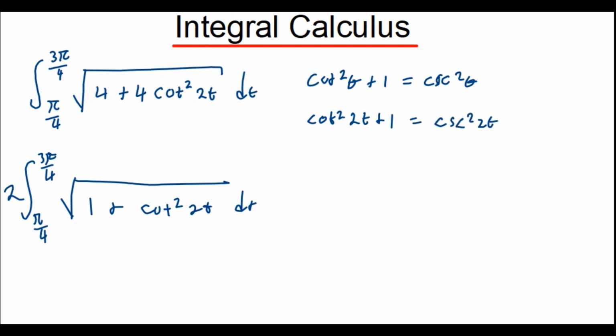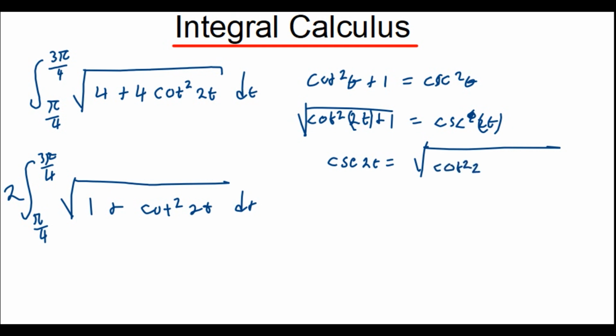This is just the angle, don't worry about it. So for this to be in a square root, it simply means cosec 2t is equal to the square root of cot squared 2t plus 1. And that's what I'm going to do here, just substitute with cosec 2t there.